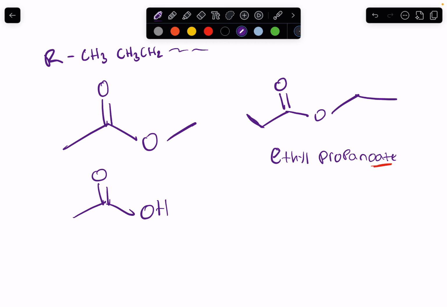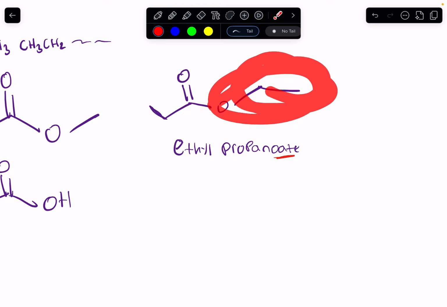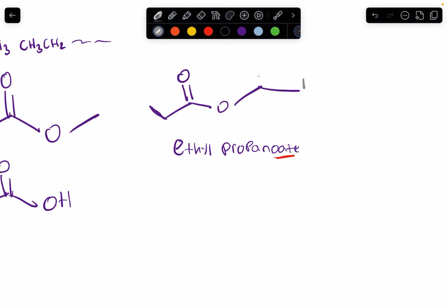So when it comes to nomenclature, this is a little different. You start right here, with what's at the end of your ester. So in this case, 1, 2, right? So that's where you get the ethyl. Sorry, handwriting's bad. But that's where we get the ethyl, right? And then prop comes from here.